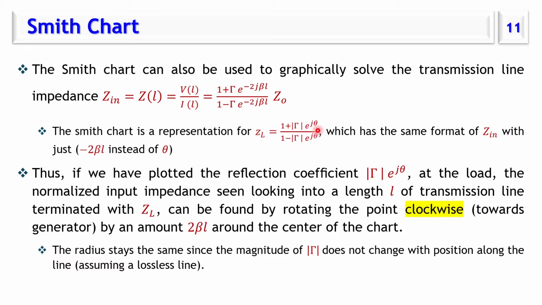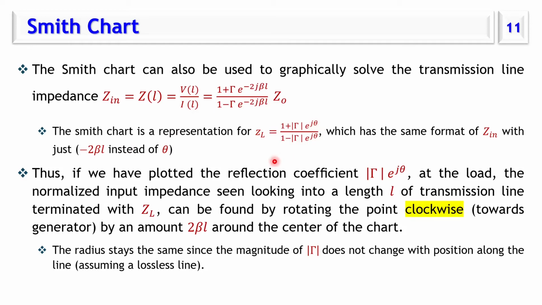Load impedance has this expression, and it's the same format as the input impedance. The only difference is that we have a different angle here. So the angle is minus 2 beta L instead of theta. So load impedance has this expression with theta.